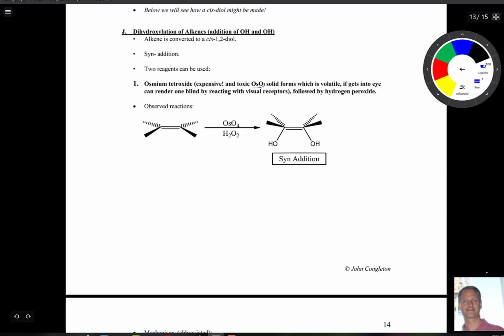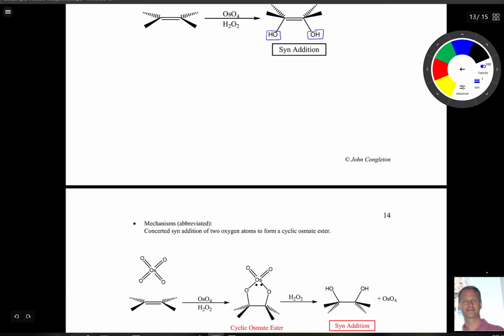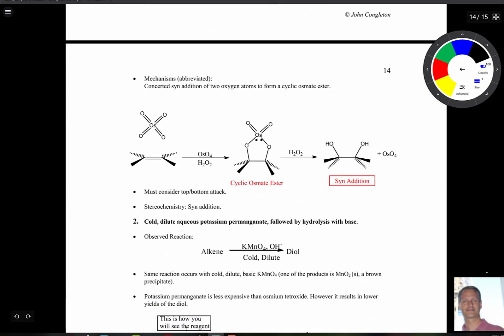You form this solid compound which is volatile. It can make you go blind, so there's problems working with it, but anyway, it's a reagent that's used. But you take an alkene and you add it, and you get a syn diol.